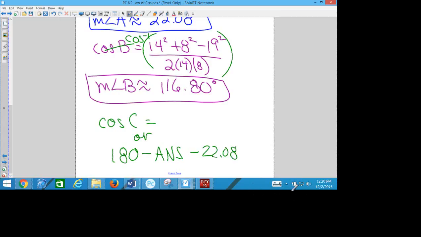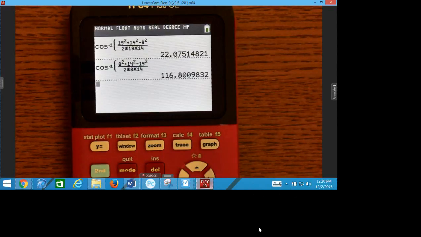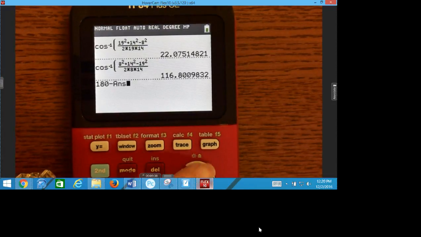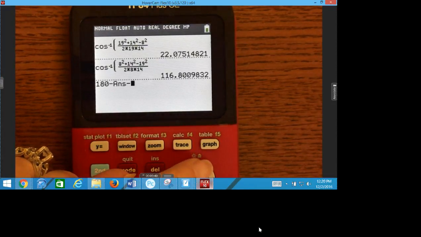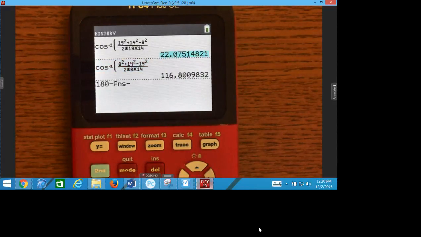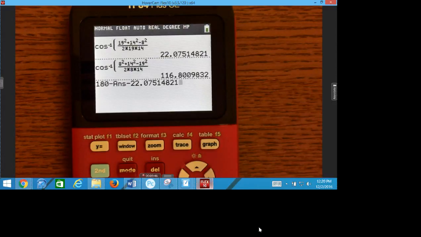So on the newer calculators, what you can do is 180 minus my last answer, which is the 116. Then I use my arrow to go up to this one, and when I'm on it and I hit enter, it brings it down for me.